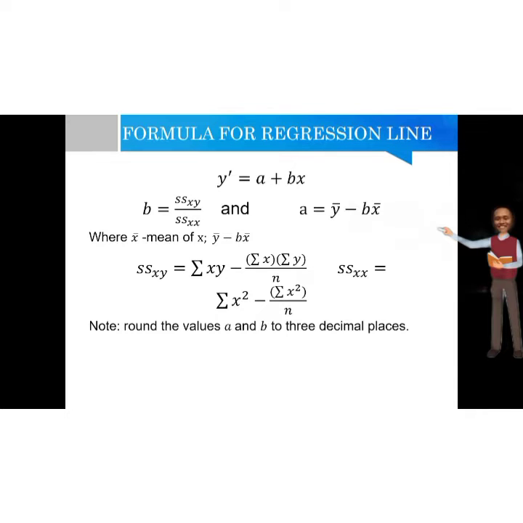And the sum of squares xx is equal to the summation of x squared minus the quantity summation of x squared divided by n. Note that the values of a and b are rounded to 3 decimal places.